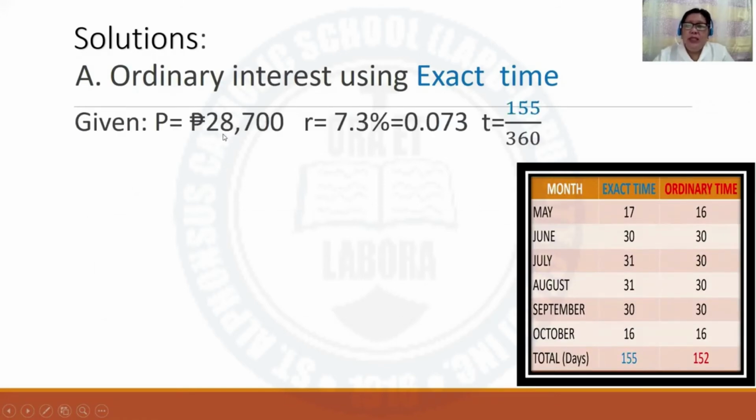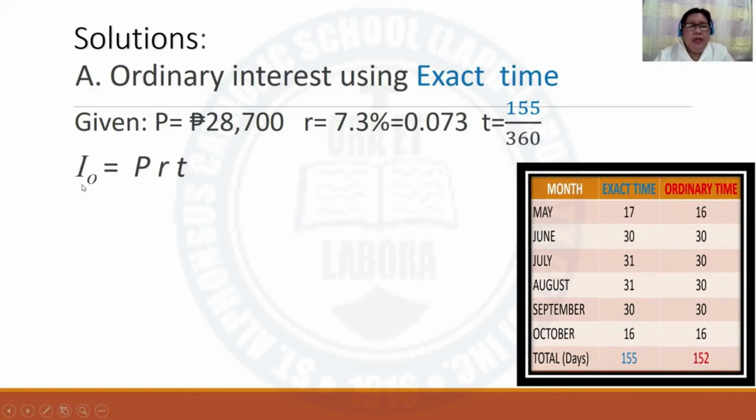So for the solution of ordinary interest using exact time, that is good for 155 days. So given 28,700 and the rate is 7.3% or equivalent to 0.073. All you have to do is divide by 100 or move 2 decimal places to the left. Then T is 155 because the exact time has a total of 155, over 360 because this is ordinary interest.